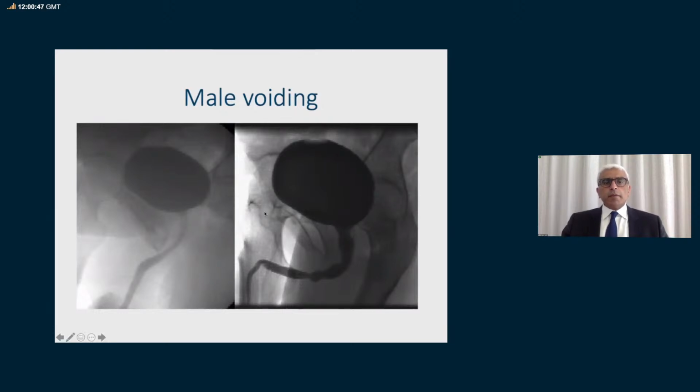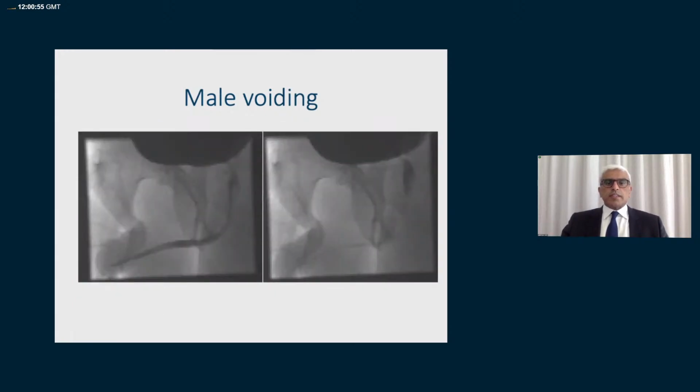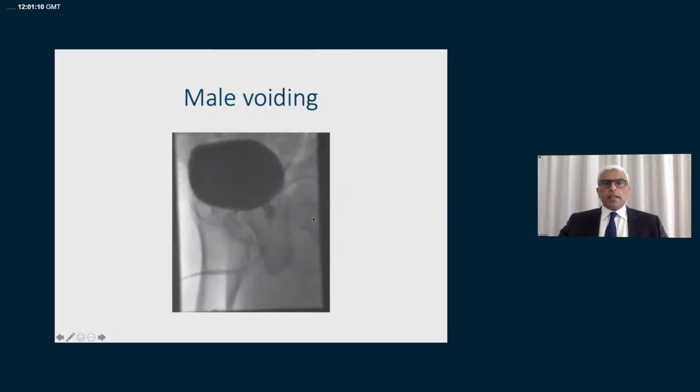Coming up to some male voiding pictures, you can see probably we can agree that this is a normal void, which is different to the classical narrowed bladder neck. And here you can see the waist sign trapping once the patient is asked to stop passing urine, with the contrast trapped in the prostatic urethra. This is a male voiding where the bladder neck is open, but the sphincter is not opening very well.